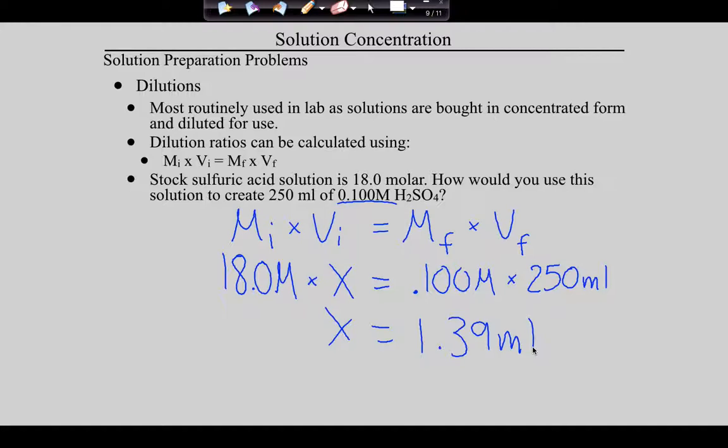You starting to get it? So guys, how much of this stuff do we need? Well, if you don't remember, this is a milliliter. We need 1.39 milliliters of the horrible stuff, and we can make enough 0.1 molar sulfuric acid to basically run an entire lab for all of you for the day.